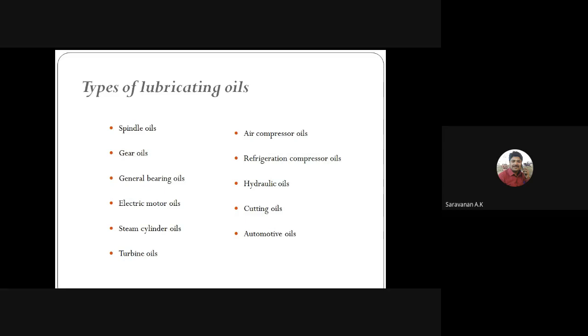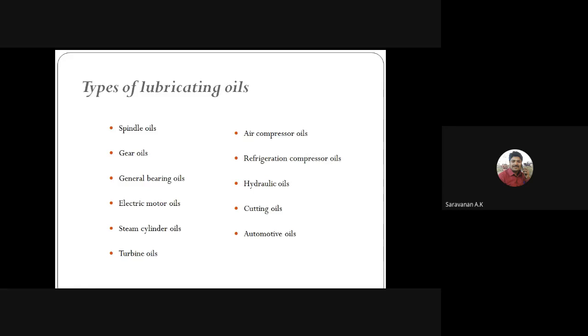The gear oil should have some anti-foam characteristics. And the flash point and the pour point must be considered, depending on the temperature that will be encountered, to make these points critical. So these terms you have to remember in the gear oils.